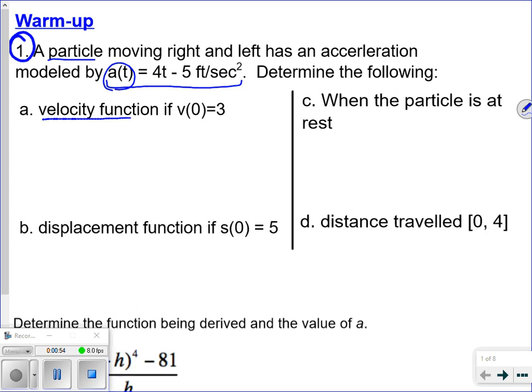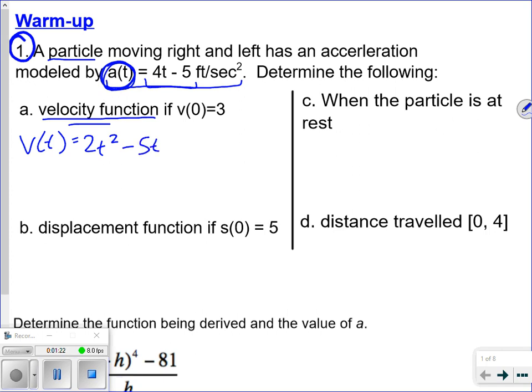So I want us to do the velocity function if v of 0 equals 3. So if I'm given a of t, v of t is just the integral of a of t, right? So if I were to integrate 4t minus 5, 4t integrates to, if I add 1 to the power, it's squared, and divide, it's 2t squared. And 5 integrates to 5t.